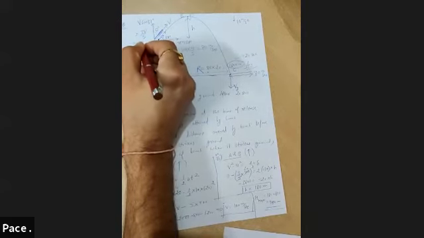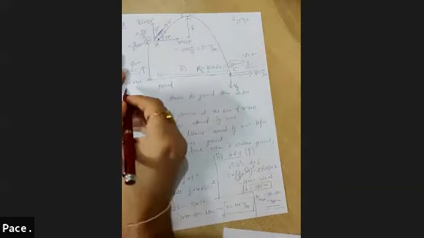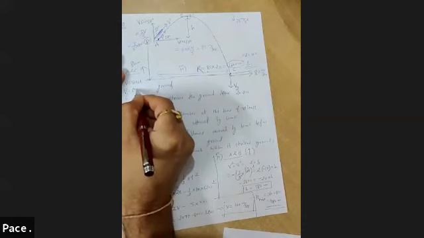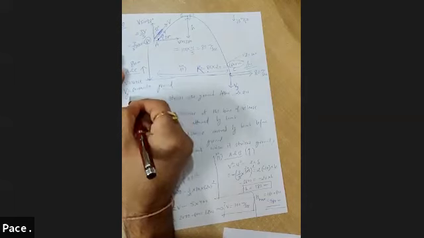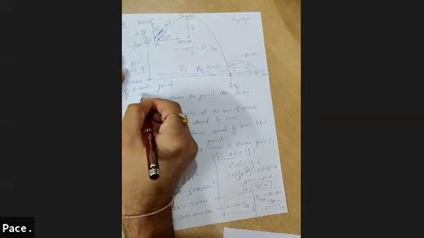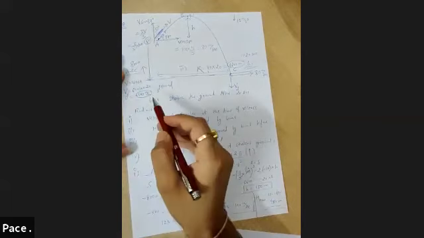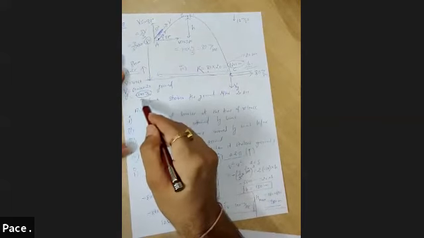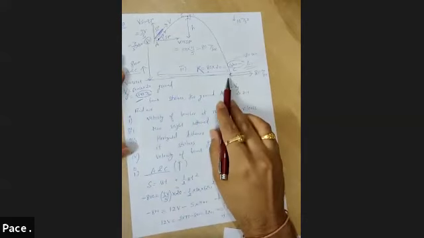It is 3V by 5, so that is 3 by 5 multiplied by 100, which is 60 meter per second. So u would be plus 60 meter per second, a would be minus 10, and time is 20. So basically minus 140 meter per second would be the vertical component of this bomb at point C when it is about to hit the ground.